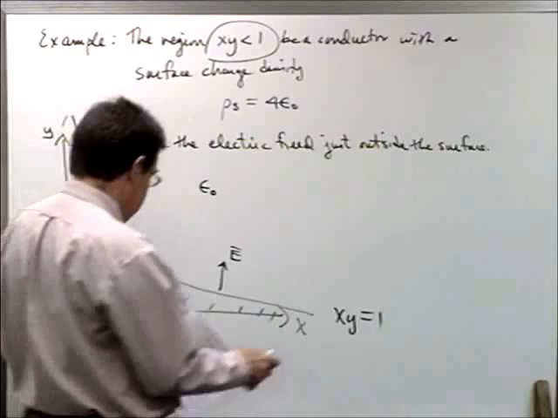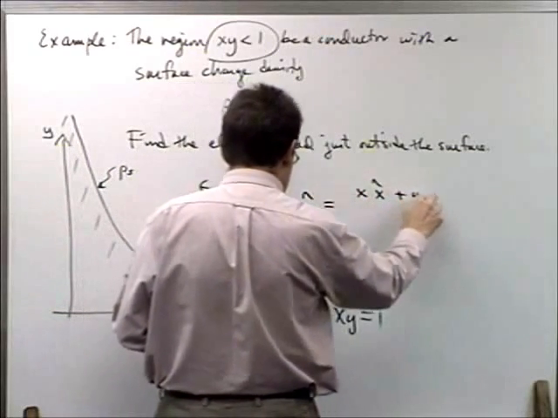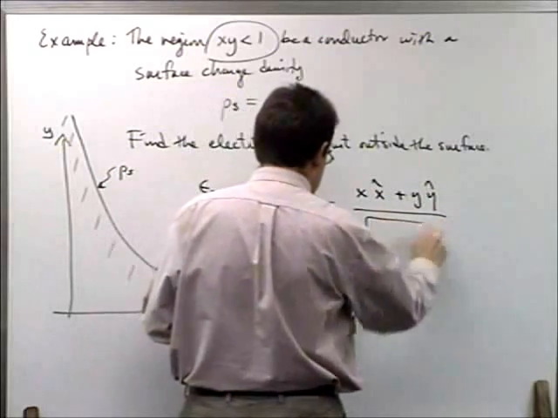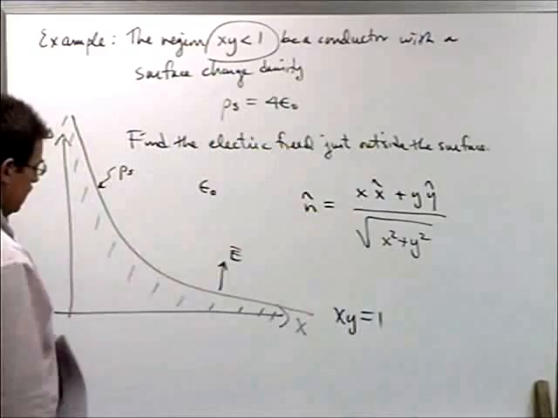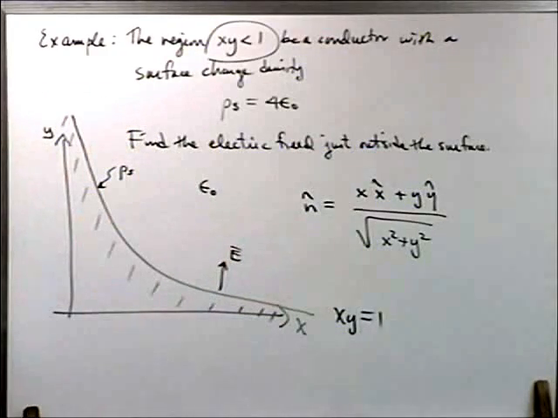In this case, what you wind up with is a normal vector that's x x hat plus y y hat divided by square root of x squared plus y squared. So that's our normal vector to that surface everywhere.